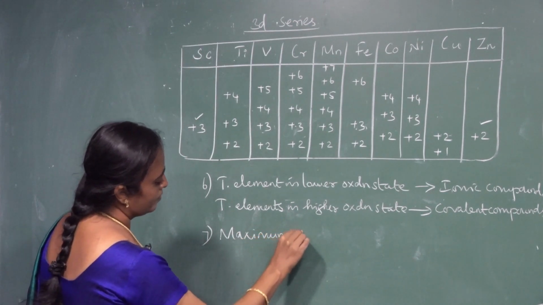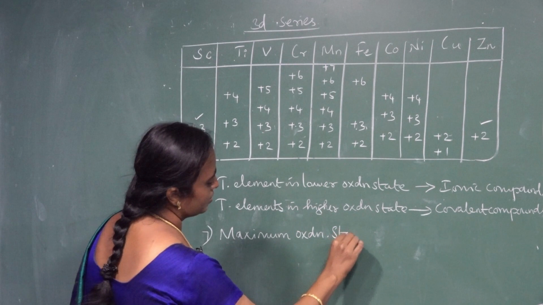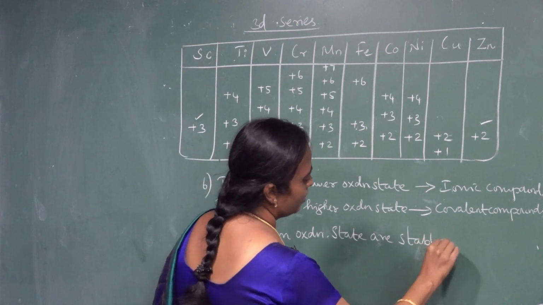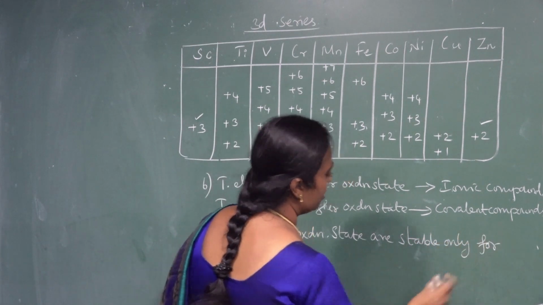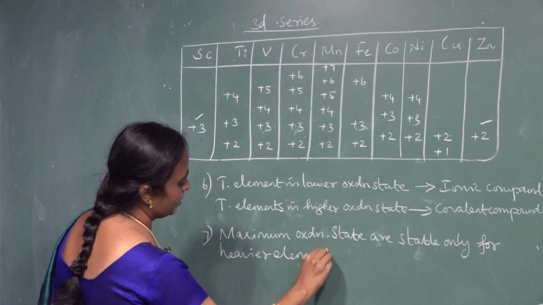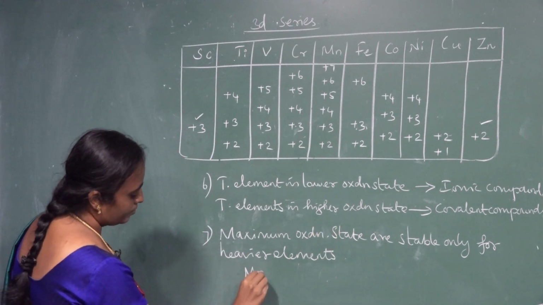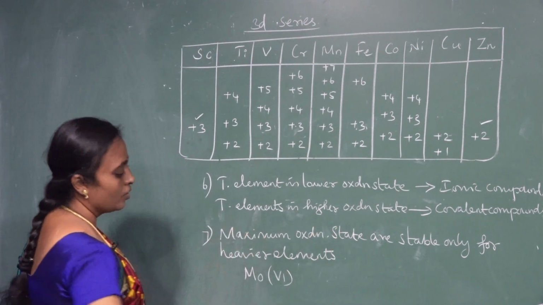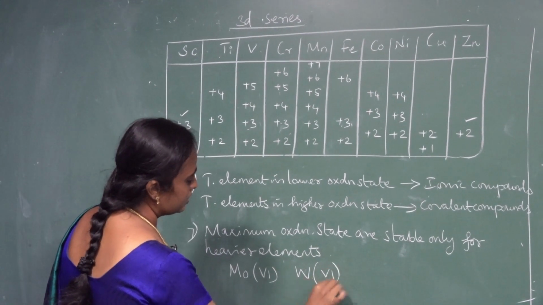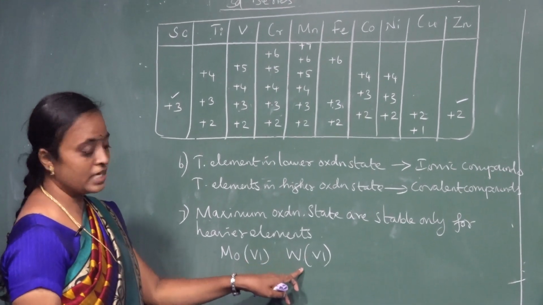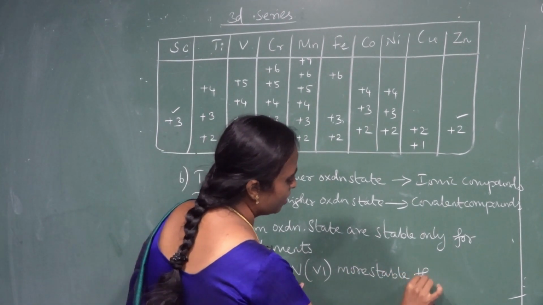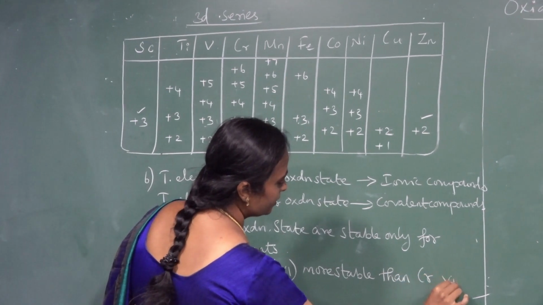For example, molybdenum in the oxidation state 6 and tungsten in the oxidation state 6 are more stable than chromium 6.